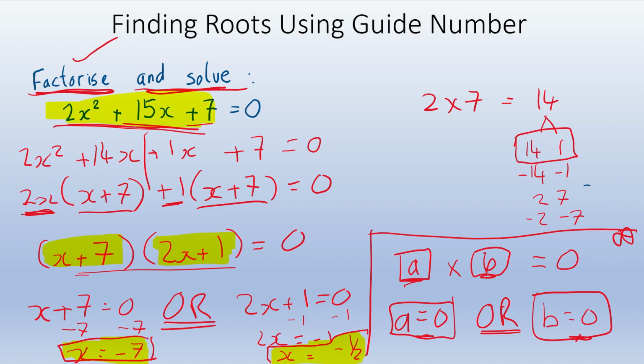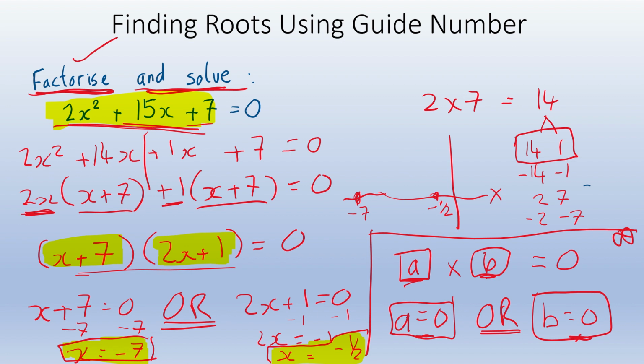So what you're actually saying is that if I substitute minus 7 in for x in my original equation, then I will get 0 as my answer. But I'll also get 0 if I substitute in minus a half. So very quickly, if I was to draw a sketch of this graph here, where I just have a small bit of space, my graph would cross the x-axis at minus a half, which would be somewhere around here, and it would also cross it at minus 7, and minus 7 would be up here somewhere.